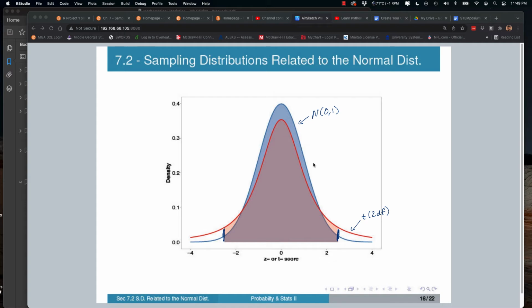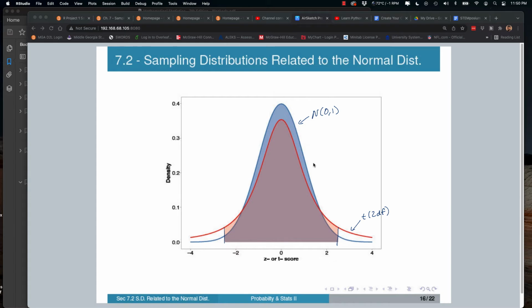They both contain a lot of the same area, right? Except for this little area here in the t, and that's a lot less area than what's up here, double shaded in blue. And so there's more probability between these 2 points for the standard normal distribution than there is for the t-distribution.